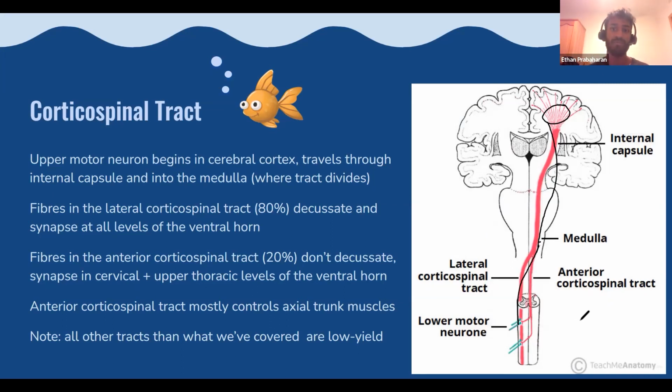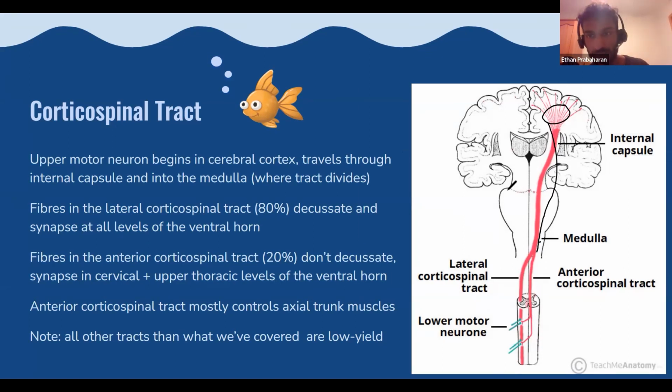But really what's important is it starts in the cerebral cortex, splits in the medulla, and the synapse is at the level of where you actually need the muscle action, right? So it's really these 3 tracts that you need to know. All the other tracts are not really required, right?